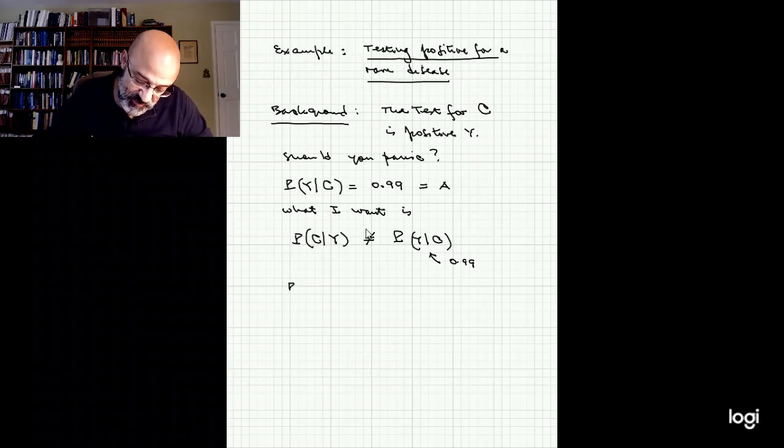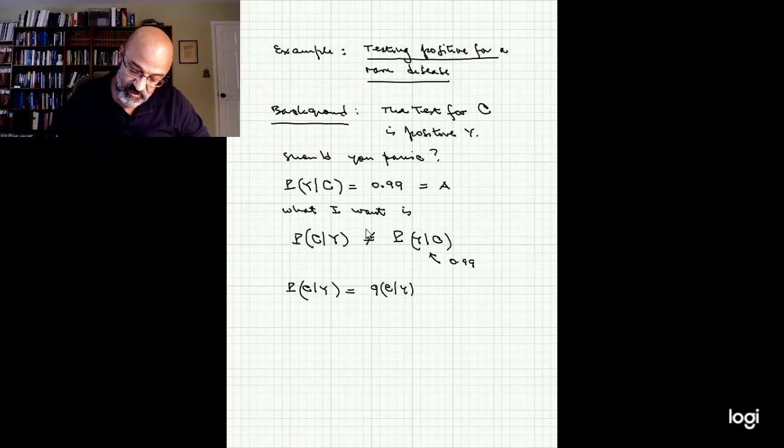The actual expression is given by Bayes' theorem. And it actually goes like this. The probability of cancer given Y is going to be, I'm going to use the prior here, Q(C). This is the prior for cancer.